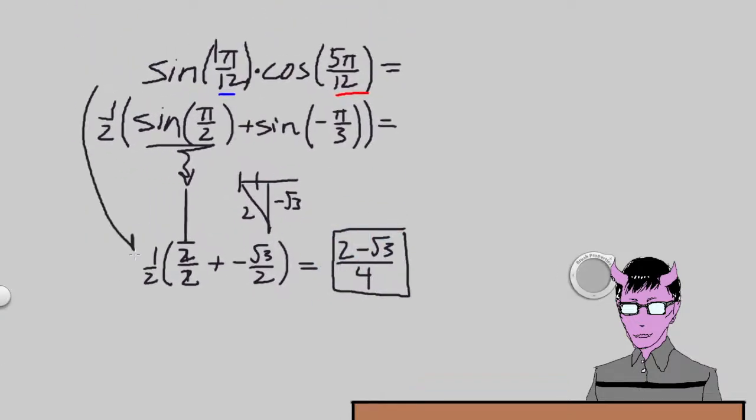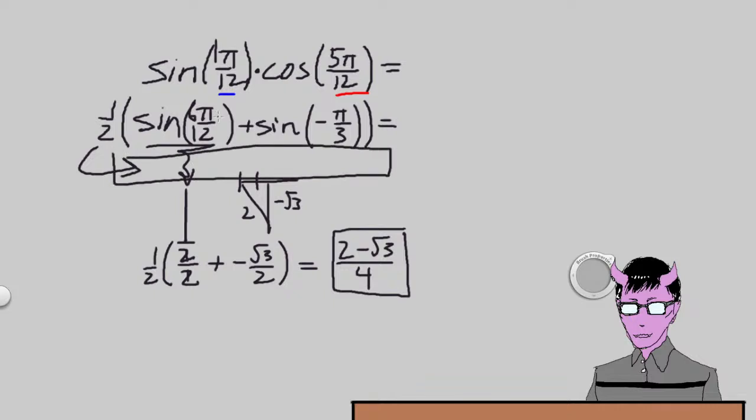So, not too many steps. I know I kind of cheated just a little bit. I simplified it ahead right here. You know, like when we had 1 pi over 12 plus 5 pi over 12 gives us 6 pi over 12. You can just jump straight to this one if you wish. Or if your teacher requires full work, then you do that one, and then you have another line right here.